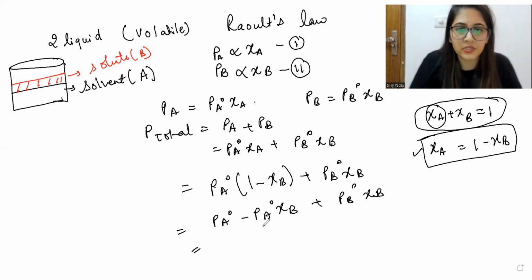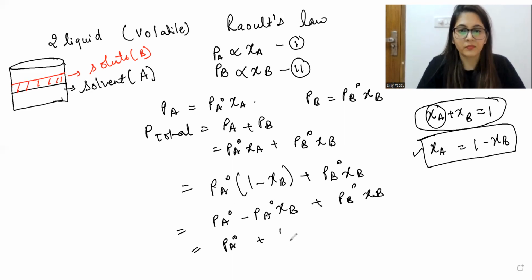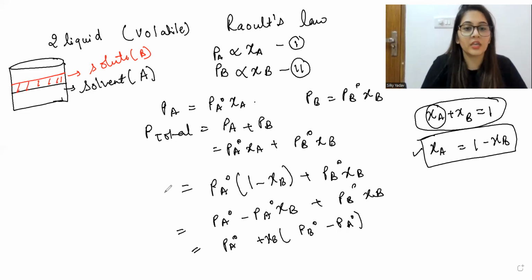And now just take the common things out. Let's take XB out and it will become PB naught minus PA naught, right? So this is the equation we are getting for P total.